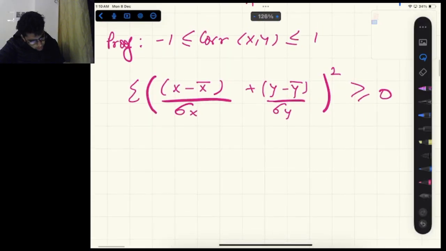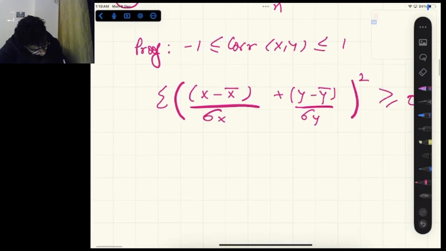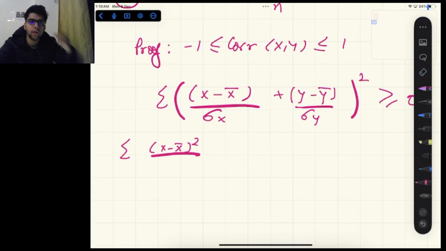So now the proof starts. I'll just square this whole term and keep the sum outside. I'll get x minus x bar whole square over sigma x whole square, which becomes sigma square x. So the square of my standard deviation becomes variance.